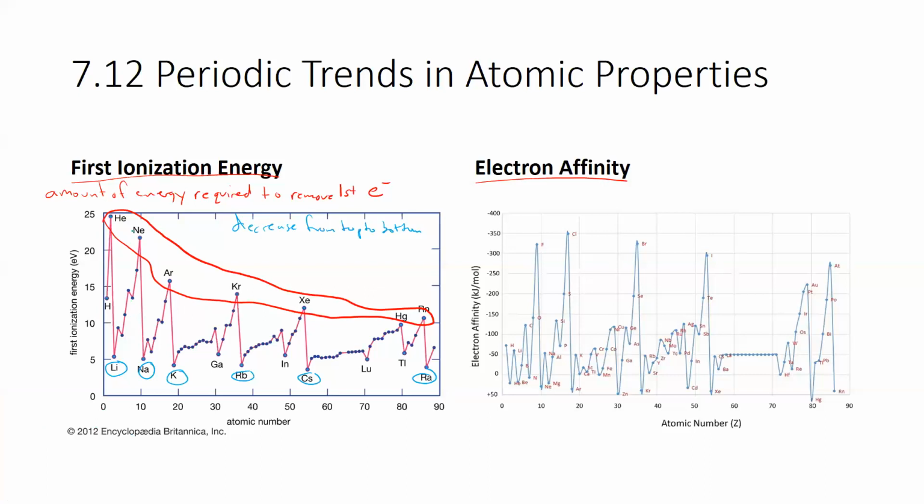And so we're just going to look at the second period. In particular, if you go from lithium all the way up to neon, you'll know that there's an increase. Overall, there's an increase in the amount of energy that it takes going from left to right, okay?